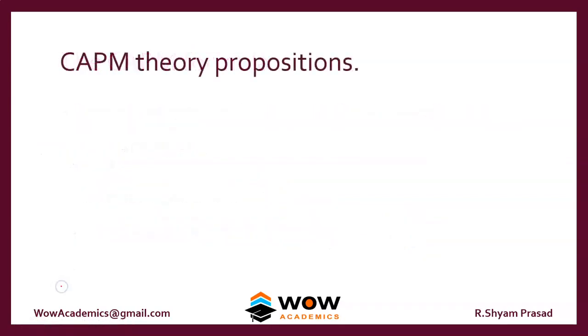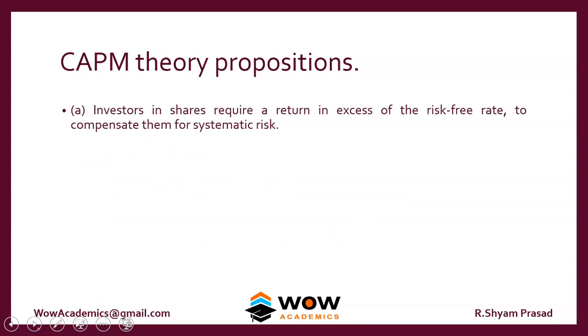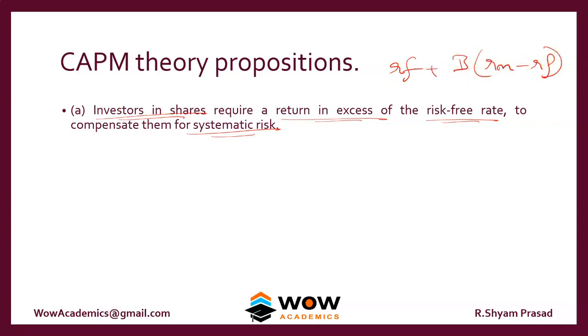So what are the CAPM propositions? CAPM states that every investor in a company wants a return which is in excess to the RF to compensate the systematic risk. For example, the formula was like this: RF plus beta into RM minus RF. So there are two parts.